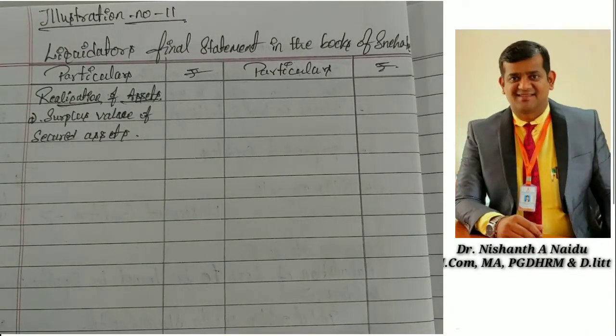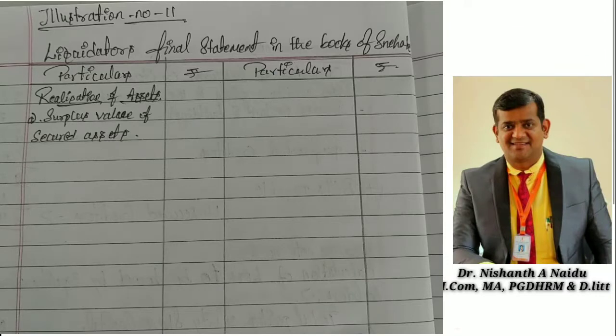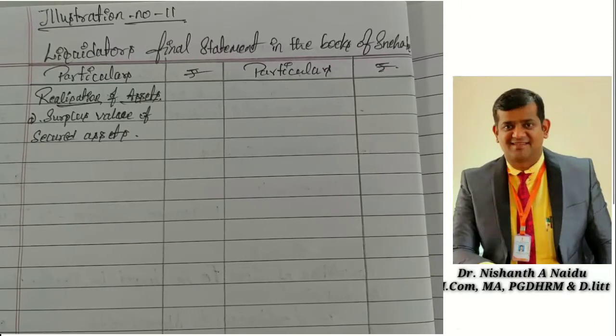So what is the surplus value? The asset which has been secured. So which is the asset? They said in the problem, creditors include a loan of rupees 3 lakh on mortgage on land and building. So there is a creditors amount which has been mortgaged on land and building worth rupees 3 lakh.